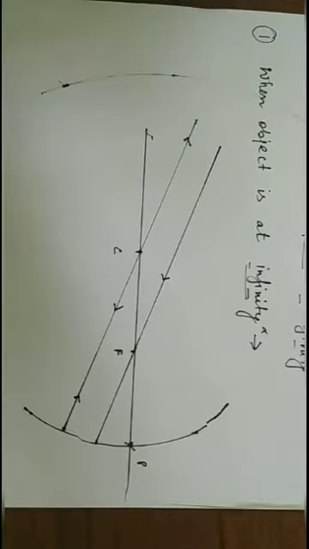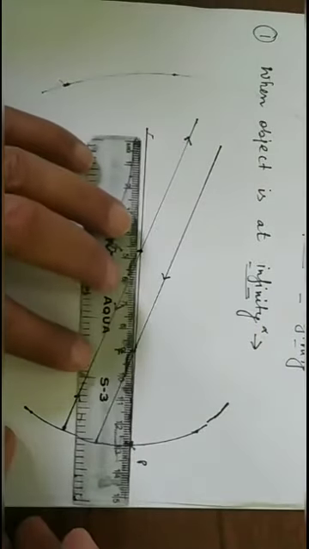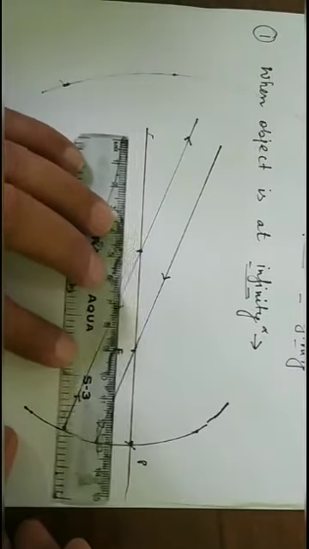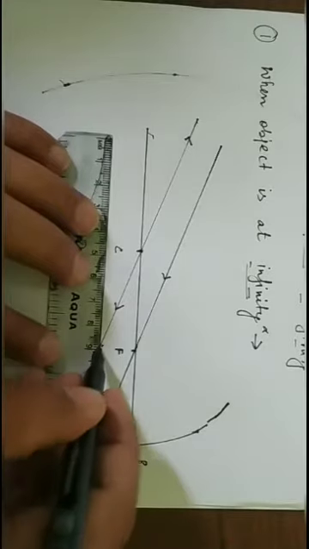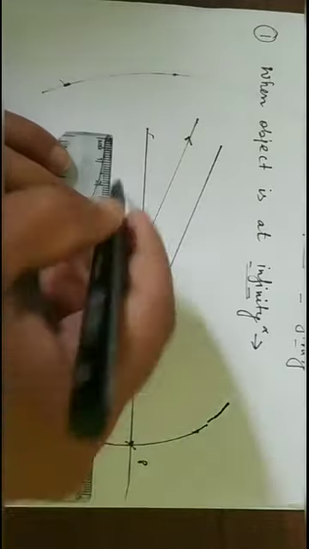Any ray which is passing through the principal focus will become parallel to the principal axis. So it will become parallel to the principal axis.